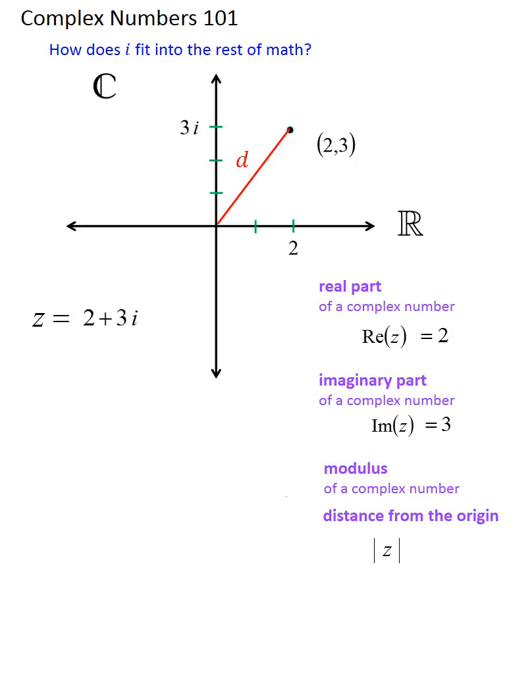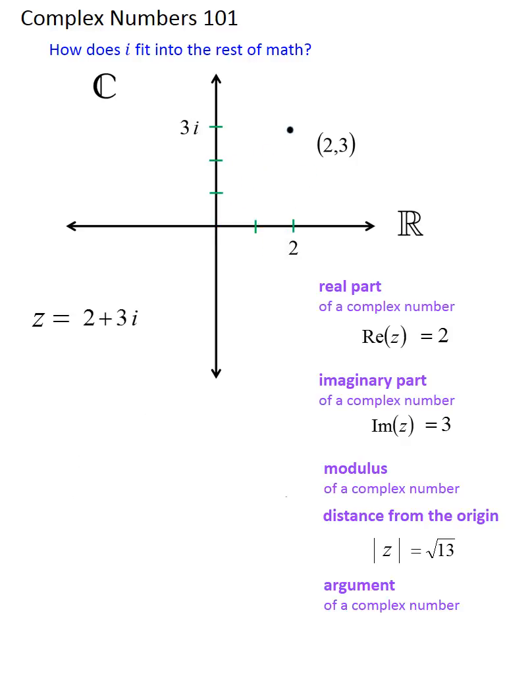Call that distance d. We can find that distance by setting up a triangle and using the Pythagorean theorem. And after a little math, we now know that that distance is approximately 3.6. We tend not to put approximations for the modulus, so we'll just write it as radical 13.